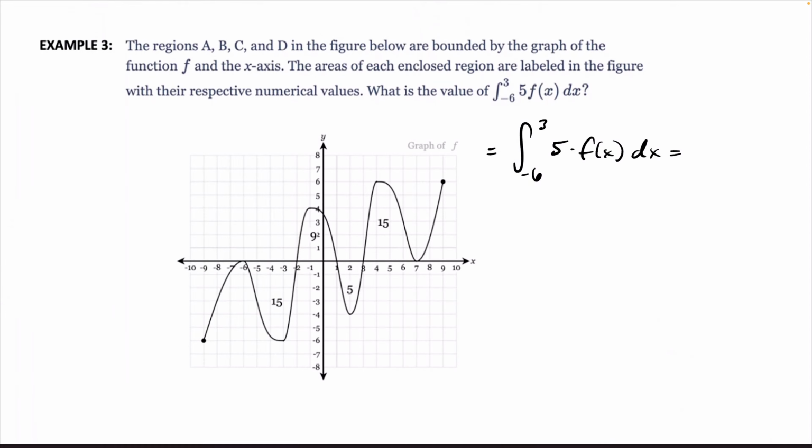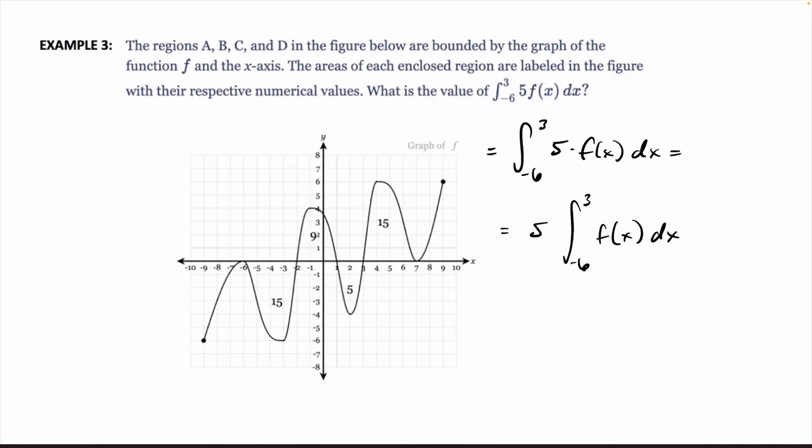Well, first, the 5 can move to the front. Are the bounds in the right spots? Or they're in the right spot, so the right order, I should say.